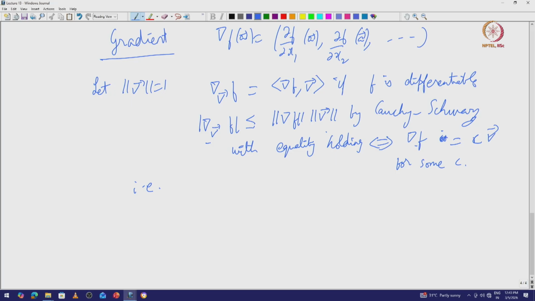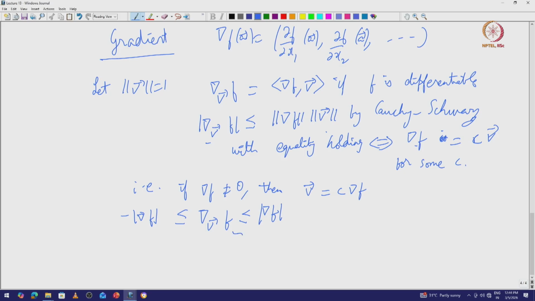that is, if gradient of f is not 0, then v is proportional to gradient of f, v is c times gradient of f. So what does this indicate? In fact, you can say something even better. So the directional derivative is less than or equal to this and larger than minus this.